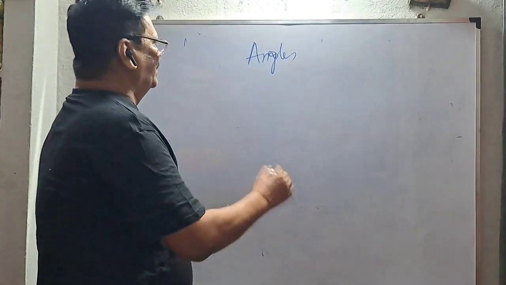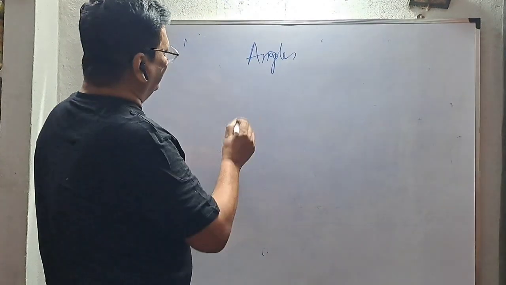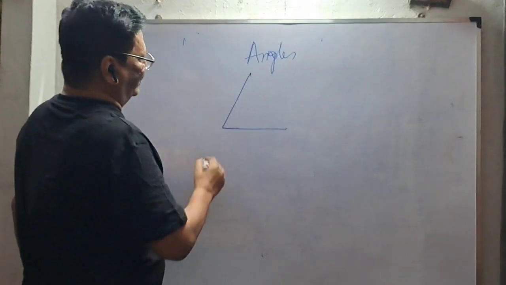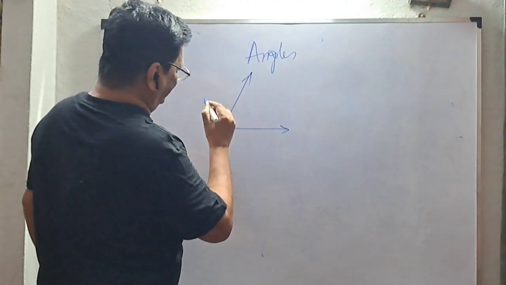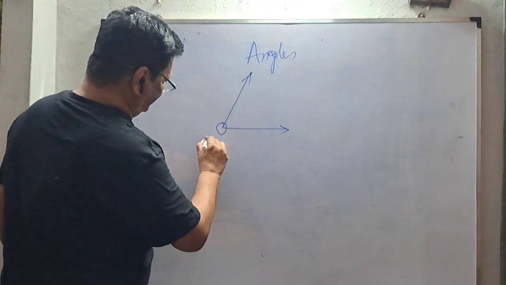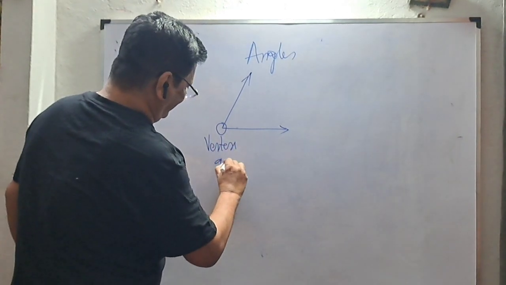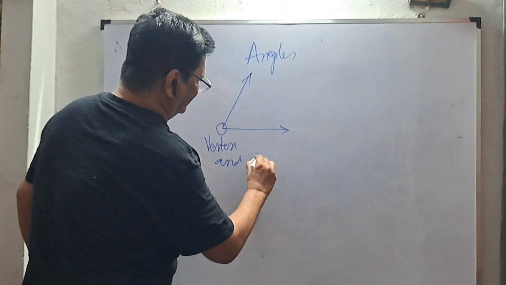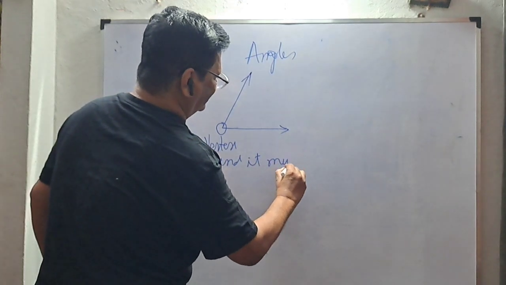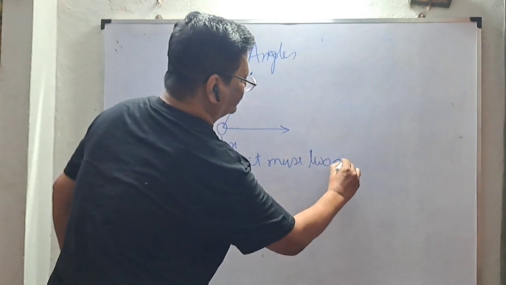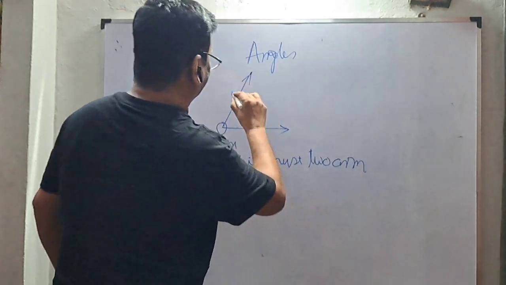Angles. Suppose we have something like this. This is the common vertex. This is called the vertex, and it must have 2 arms. These are the 2 arms.